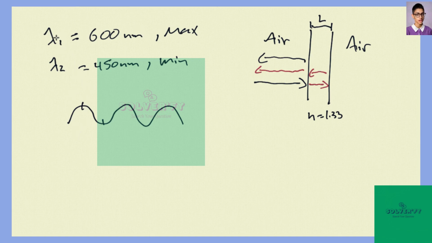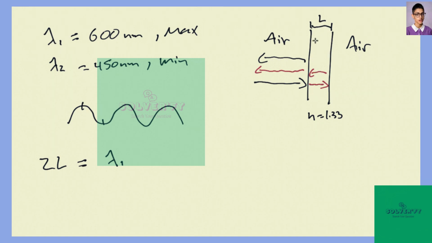So let's just look at lambda 1 first. If there's a max, that means that the incident light comes in, and the extra distance traveled by this red ray here, which is twice the thickness of the material, is going to be exactly some multiple of the wavelength. So we can write that as the extra distance traveled, which is 2L, has to equal the wavelength, lambda 1, but it's actually not lambda 1 because this is the vacuum wavelength.